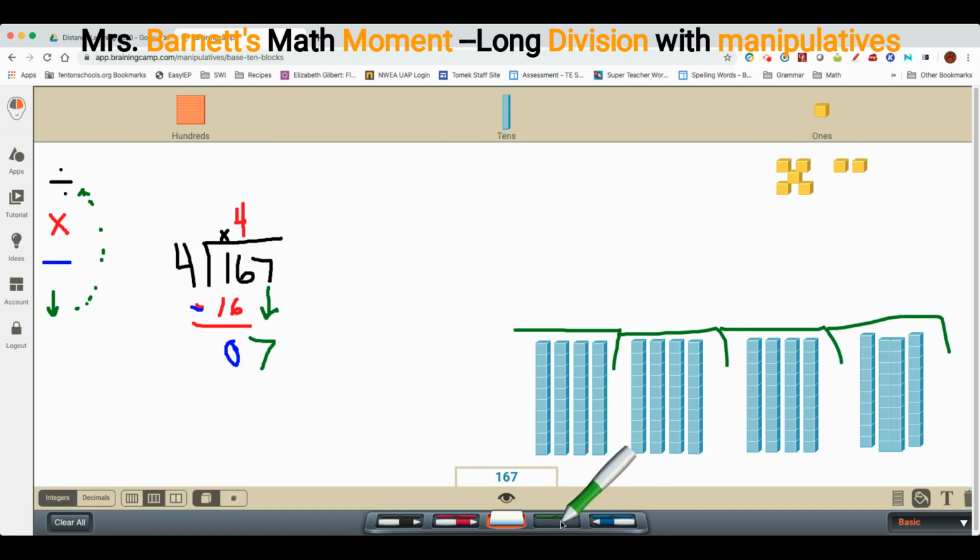So can I take 7, divide them into groups of 4? Sure. This guy gets 1, 1, 1, 1, and 1, and 1, and 1. Uh-oh, not enough. These 3 do not get to be divided. They're staying on my board because there was only enough for 1 group of 4.